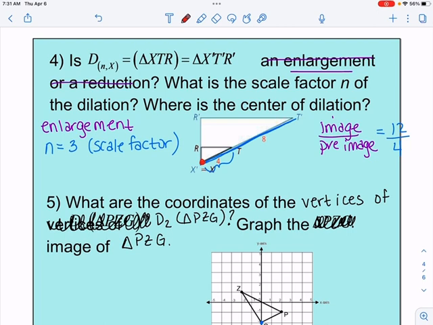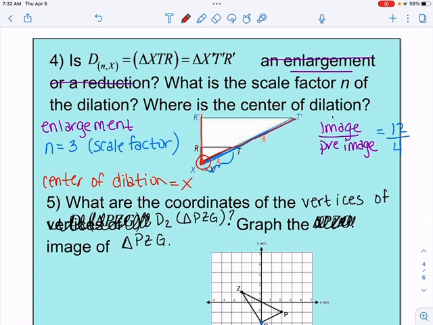Okay, here would be the start of my laser. I'd shoot it there, it would go to R, R prime. Again, if I start there, that would go T to T prime. So this is going to be your center of dilation. So your center of dilation is, sorry, almost spelled that wrong, is X.